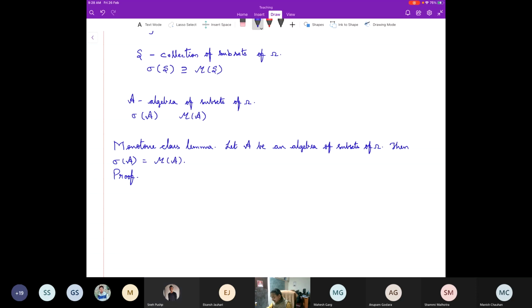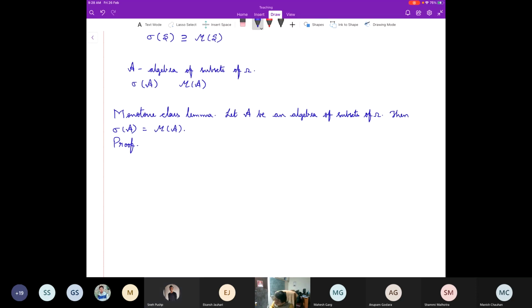Yes, sir. So we are going to do this. Well, we'll start with, since M of A is contained in sigma of A, it is enough to show that sigma of A is contained in M of A. Right.